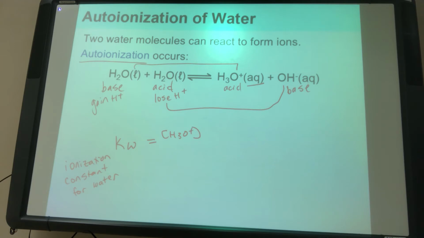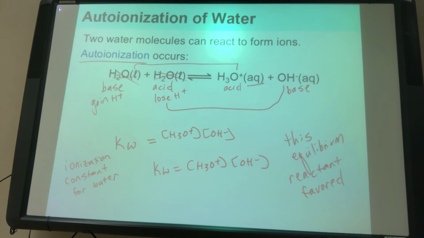Here's an aqueous, it counts. Here's a liquid, here's a liquid. So Kw is equal to H3O+ times OH-. This is how they relate. Okay? Now, this equilibrium is very reactant favored.